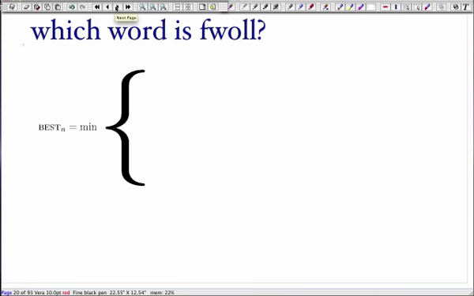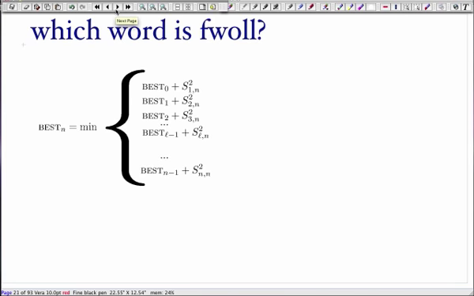So let me start from this equation, right? Again, the best way to typeset n words is going to be the minimum of the best way of typesetting 0 words plus the slack of 1 to n squared, or the best way of typesetting 1 word and starting the last line with words 2 through n.